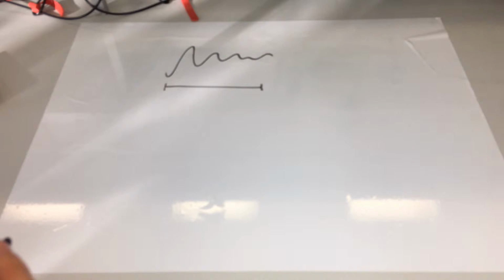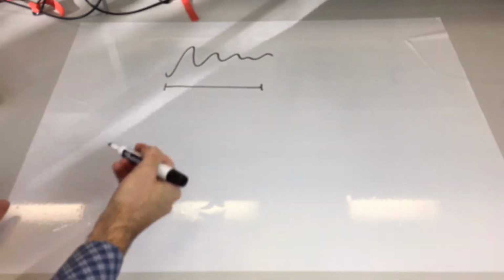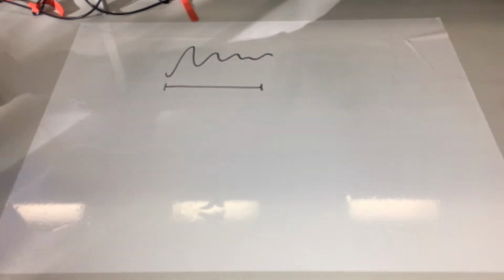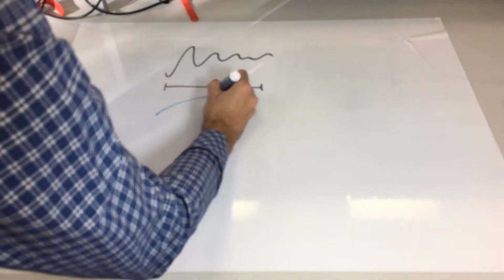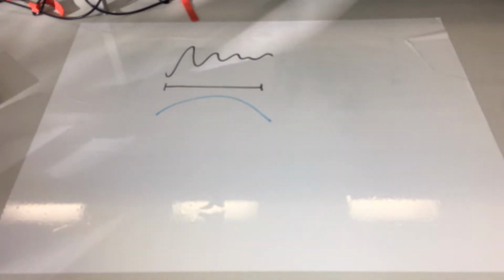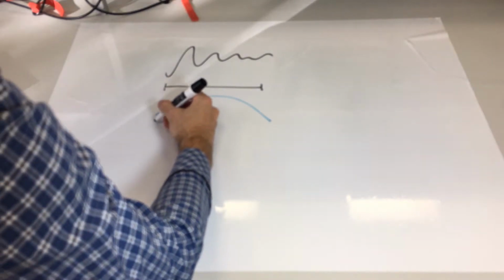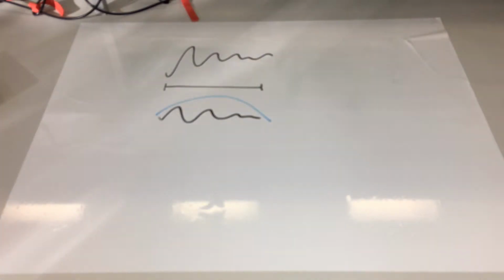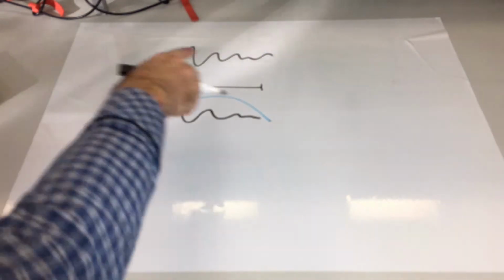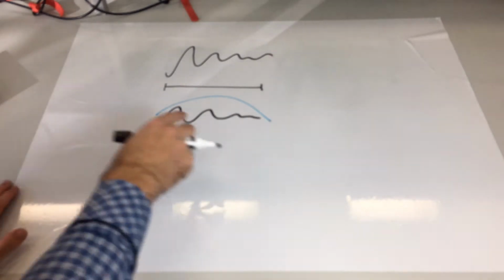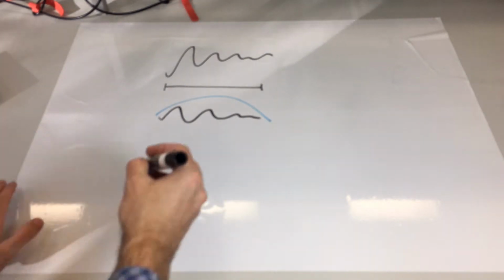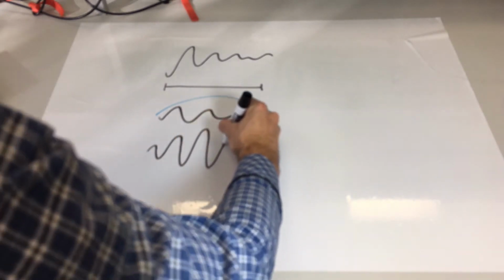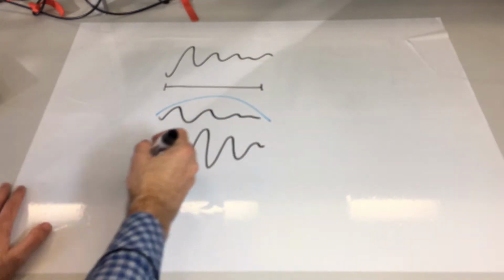Now, because this could have some weird edge effects, I mean, we can certainly see that going on here, it applies a window function, something that looks a bit like that, to the data. And so you end up getting something that looks a bit like that. So for each windowed bit of the data, it then tries to work out what the frequency is compared to that of, say, a perfect sine wave that also has that window applied.